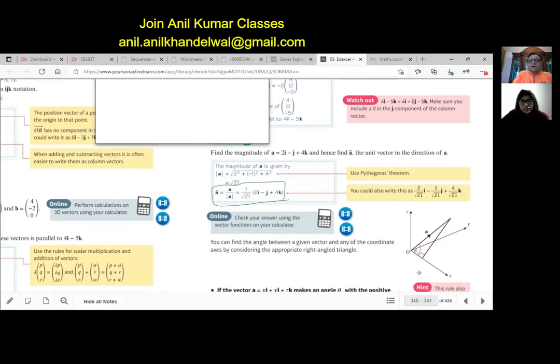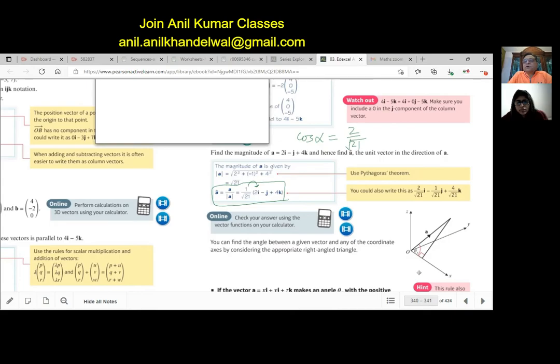For example, here, what is cos alpha equal to? Cos alpha is equal to 2 over the square root of 21. The 2 came from the distributive property: your vector is 2 over root 21 i, minus 1 over root 21 j, and 4 over root 21 k. So cos alpha is 2 over the square root of 21.